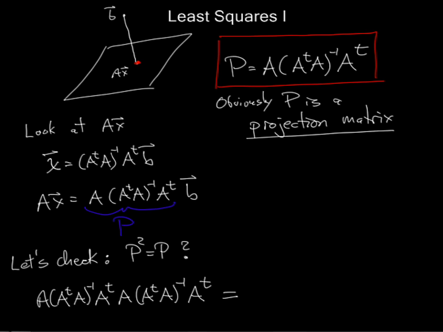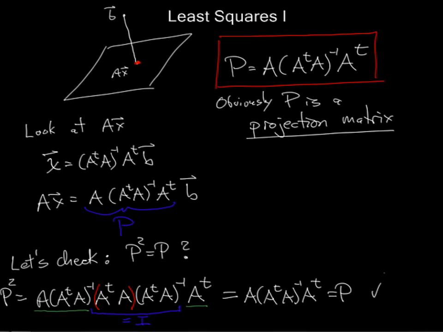And the key thing here is that you can group these two middle terms together to make an A transpose A. And then the A transpose A and the following (A transpose A) inverse give the identity, so you can get rid of them. And what's left is A times (A transpose A) inverse times A transpose. And that's it. What I have here is P squared, and what I have over here is P.